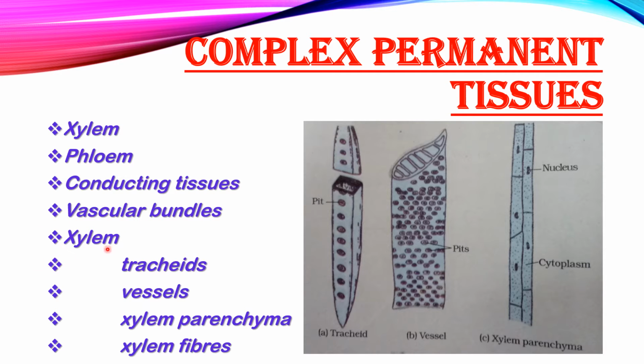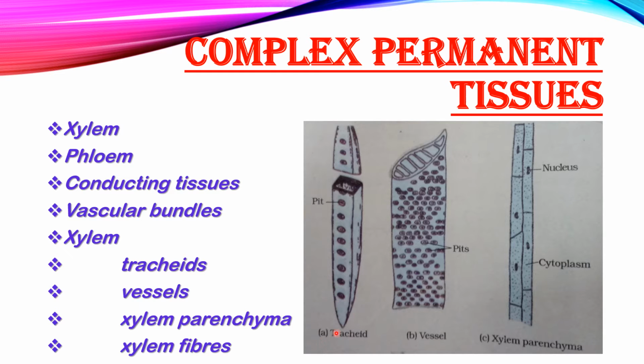Now xylem. Xylem consists of tracheids, vessels, xylem parenchyma, and xylem fibers. What is the function of xylem? The function of xylem is to conduct water. The whole plant needs water, so where does the water come from? It goes from the root to the whole plant body. Now who is responsible for this transportation and conduction? The xylem tissue.